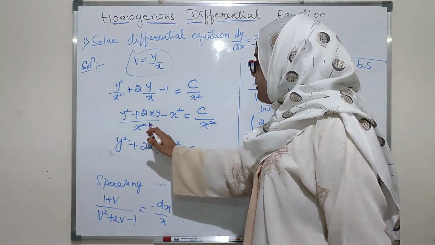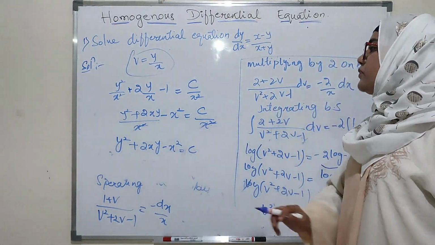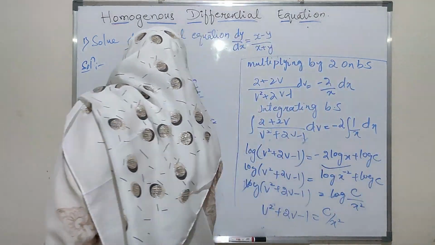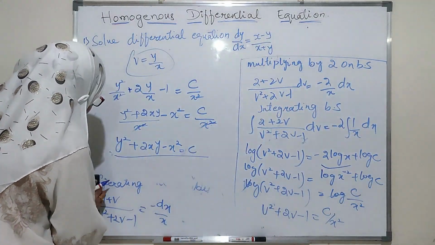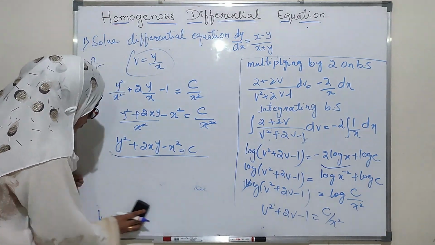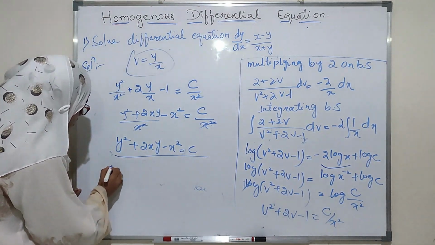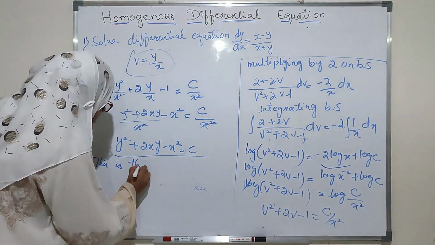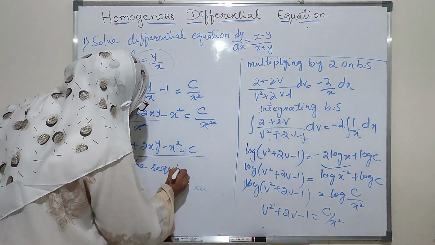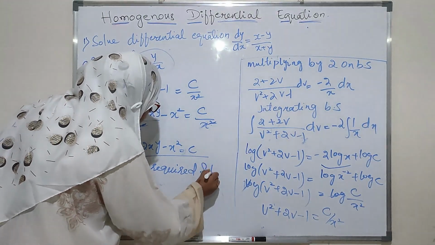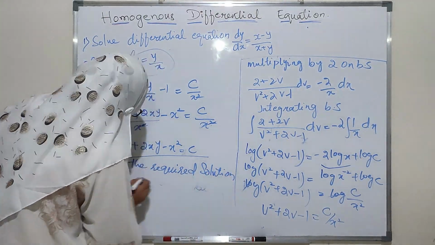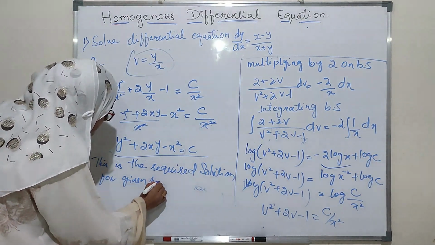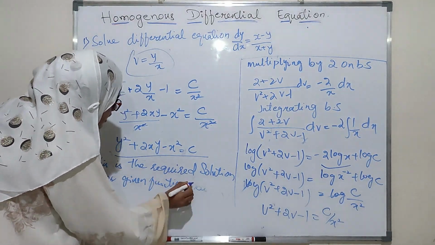So here the x square gets cancelled. y square plus 2xy minus x square is equal to c is the required solution for the given function.